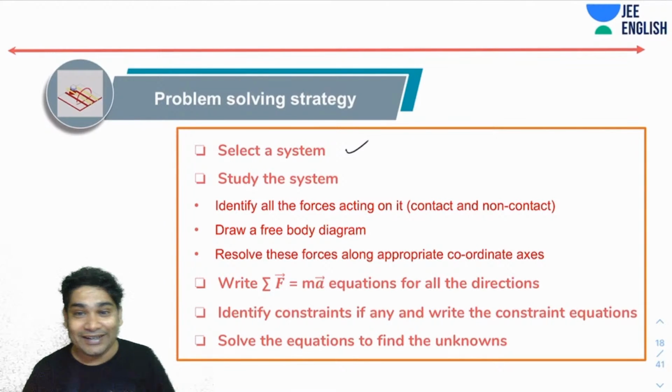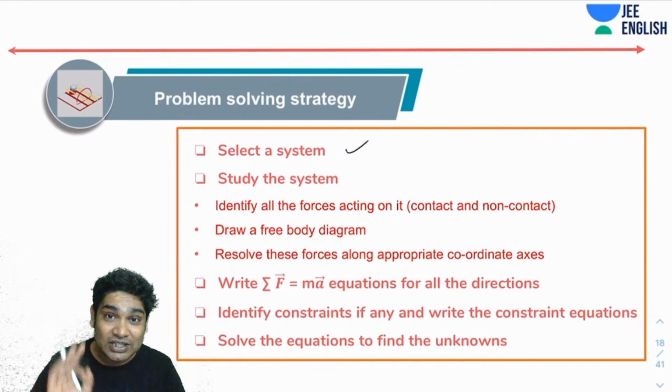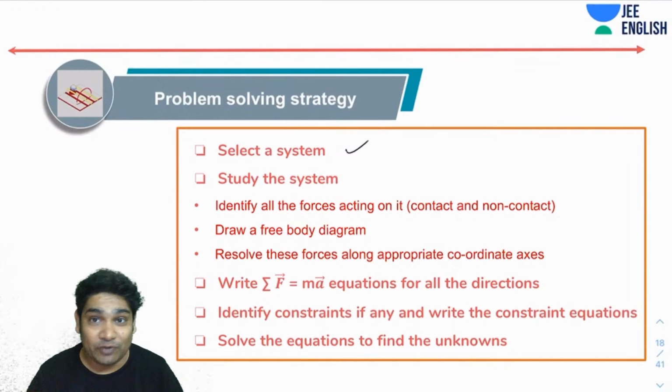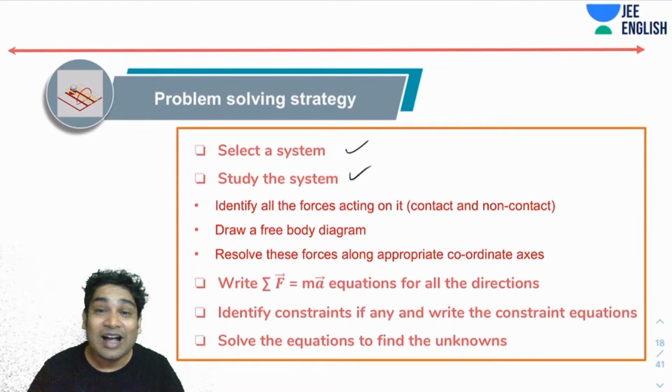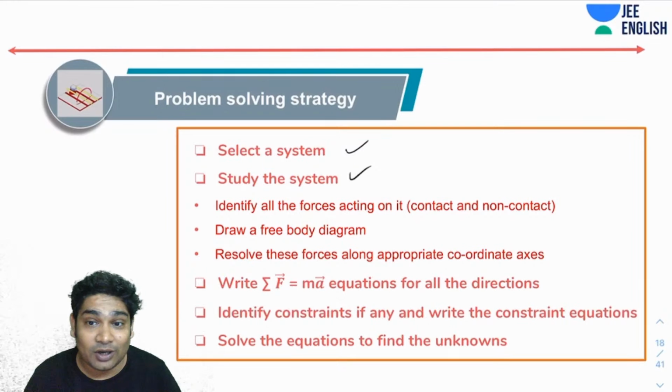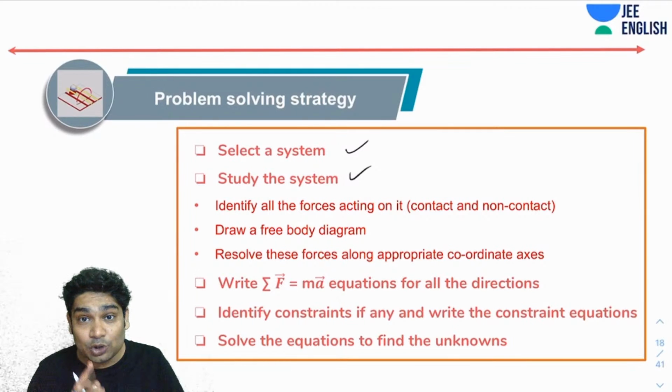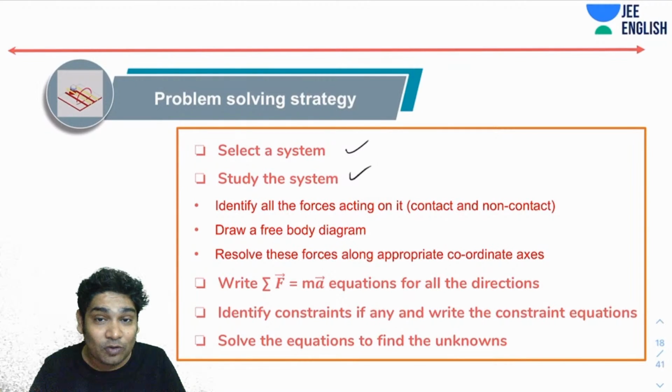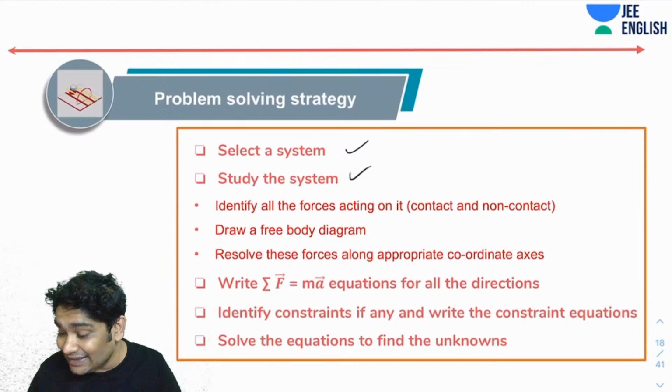I don't know, honestly. First of all, you select a system on which you're going to focus, then study the system. How do you study the system? You identify all the forces acting on it, contact or non-contact. Then you draw a free body diagram. Then you choose a set of axes and resolve all these forces along these axes.